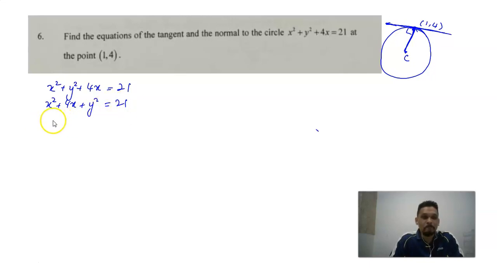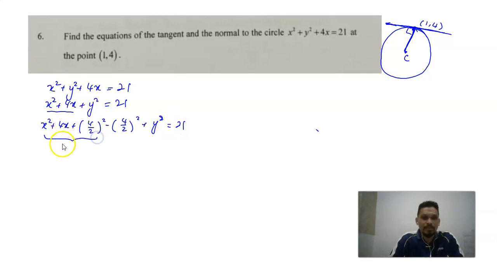Okay, never mind. And then for these, we come up with the process of completing the square, where x squared plus 4x plus 4 over 2 square, minus 4 over 2 square, plus y square equal to 21.